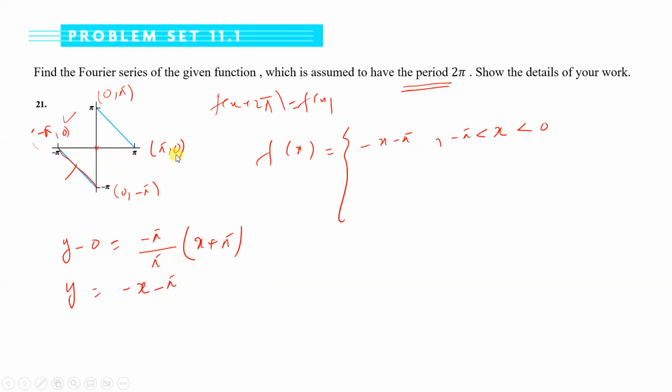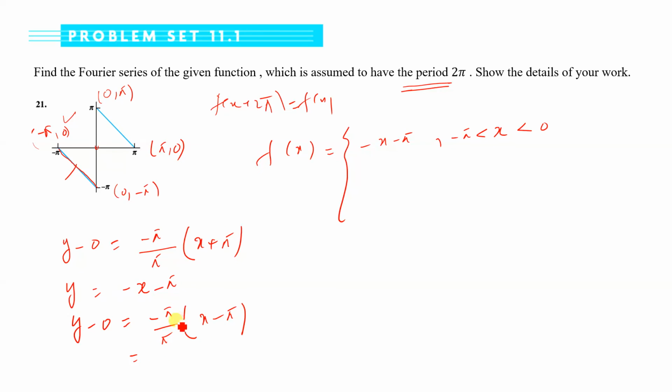So these are the points on this line. So let's find out the equation. Y minus 0 is equal to, so slope is again minus pi over pi, times x minus pi.